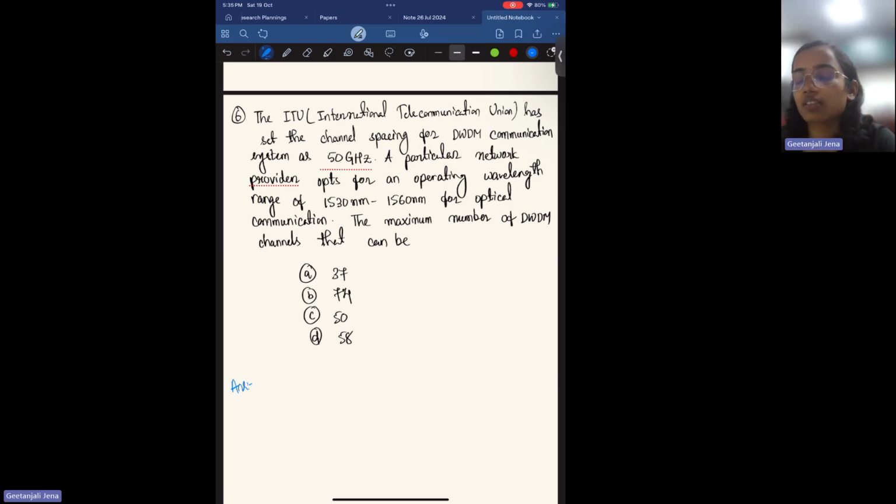So the question says, the ITU, that is the International Telecommunication Union, has set the channel spacing for a DWDM communication system as 50 gigahertz. That is, the separation between different channels would be 50 gigahertz. When a particular network provider opts for an operating wavelength range of 1530 nanometer to 1560 nanometer for optical communication, what will be the maximum number of DWDM channels that can be passed through this operating wavelength?